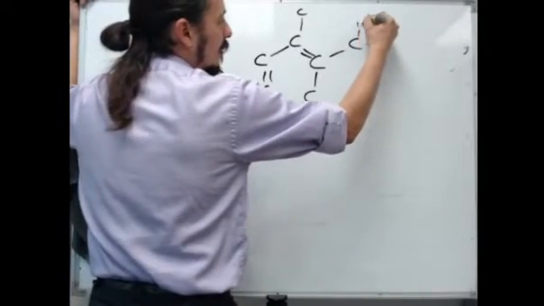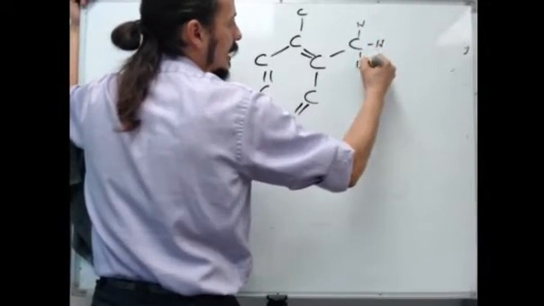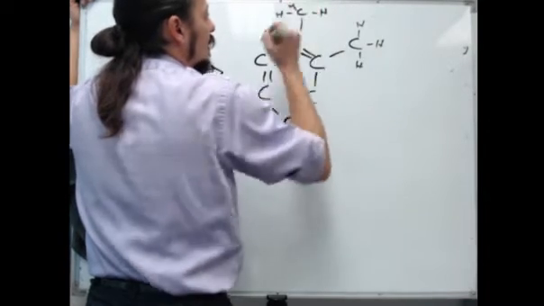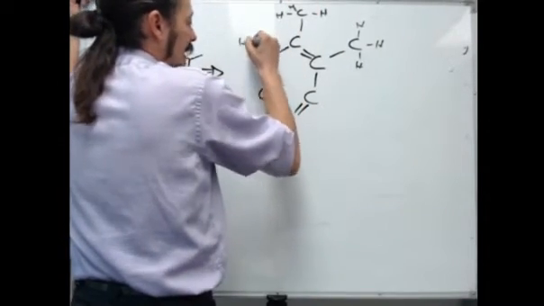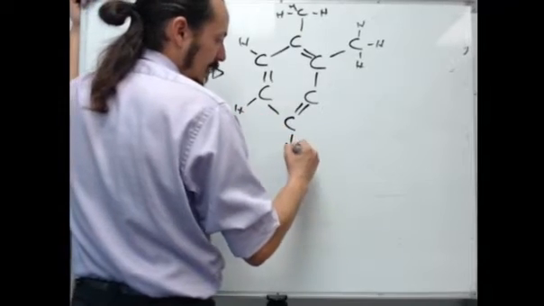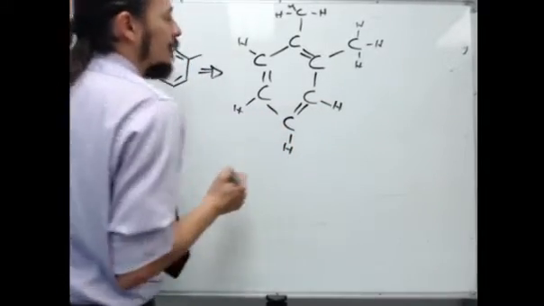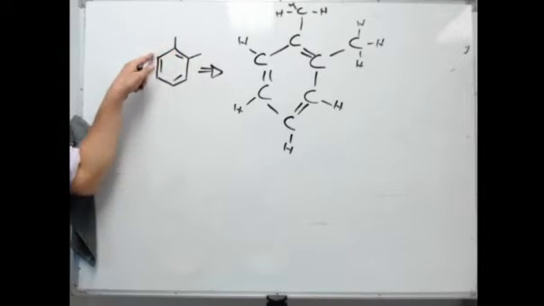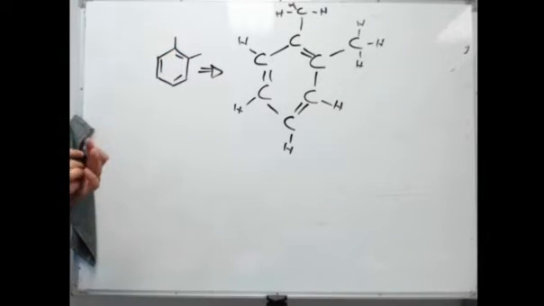This is going to have a hydrogen, a hydrogen, a hydrogen, a hydrogen, a hydrogen, a hydrogen. This one's going to have a hydrogen, this one a hydrogen, this one a hydrogen. So I take every vertex, every line ending, and I say there's a carbon there.